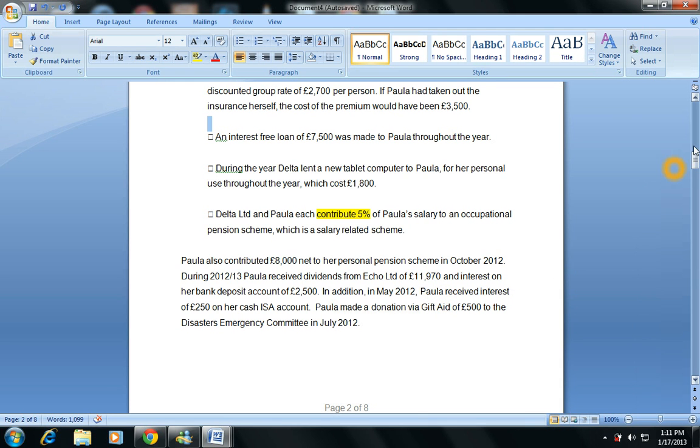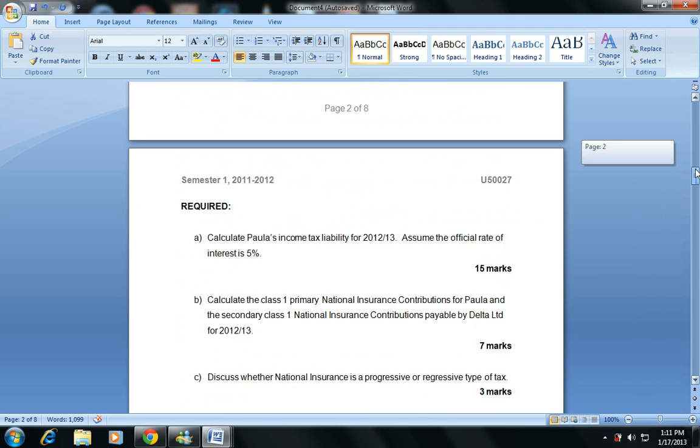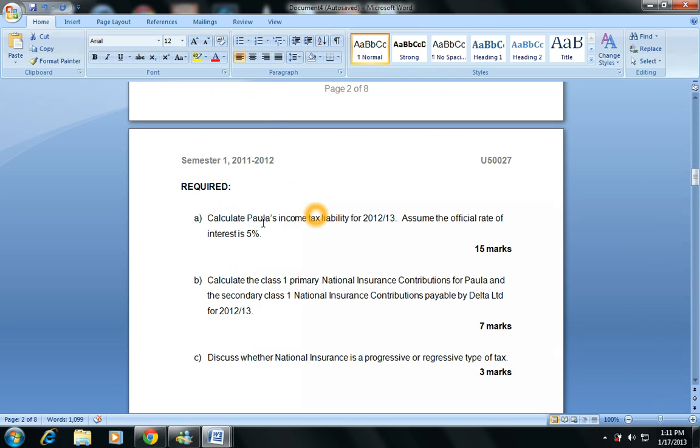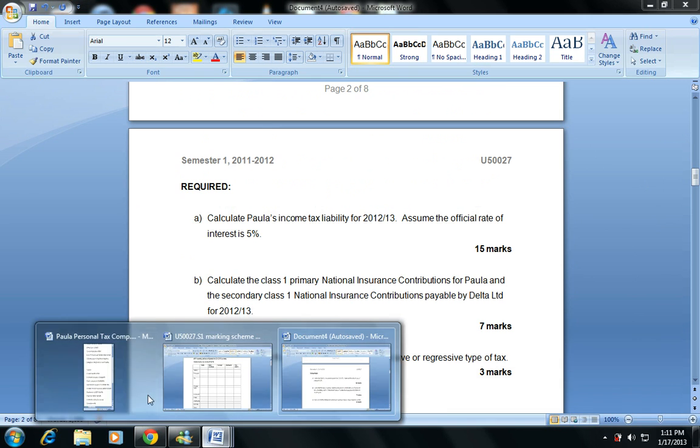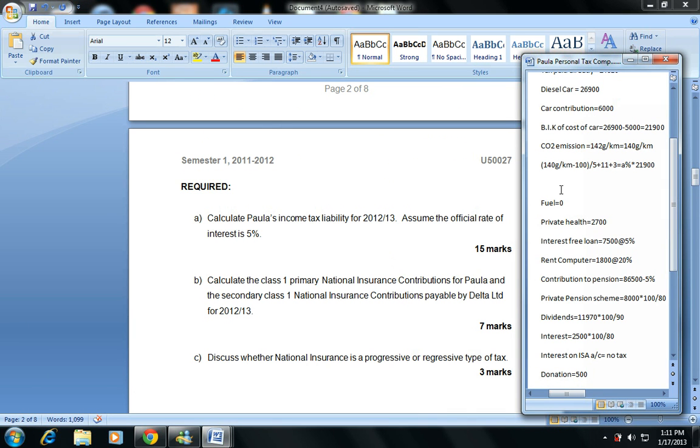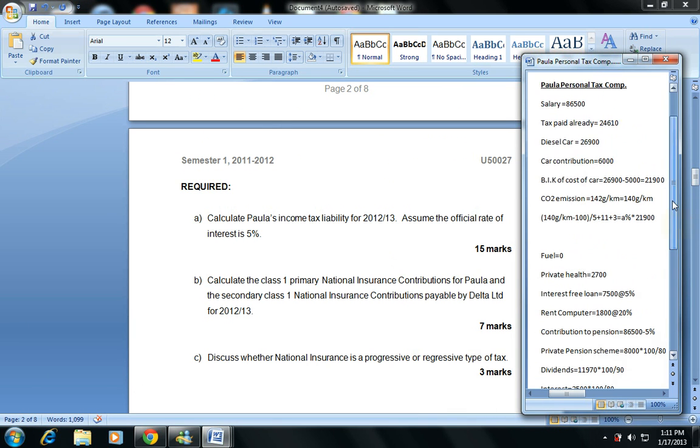We put everything down. So we're going to use that information we collected to calculate Paula's income tax liability for 2012-2013. Right, we've done the assumed official rate of interest is 5%. So we're going to use this to go to the next stage and calculate for everything.